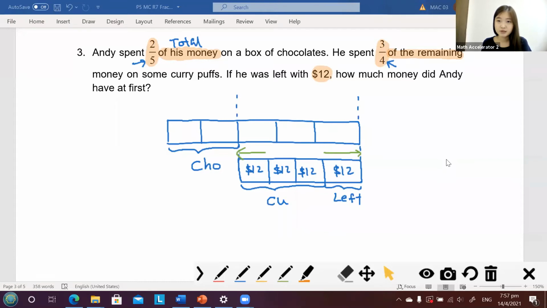A few more seconds. I'm going to stop the poll in a few seconds. So if you want to select your answer, quickly select it now.